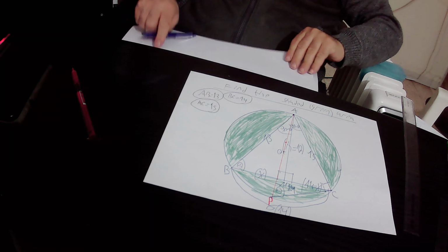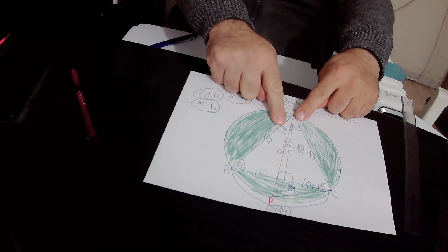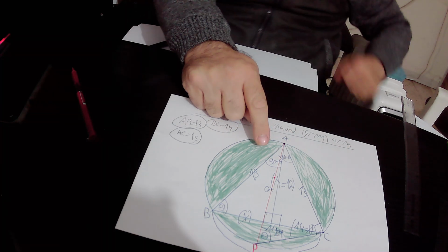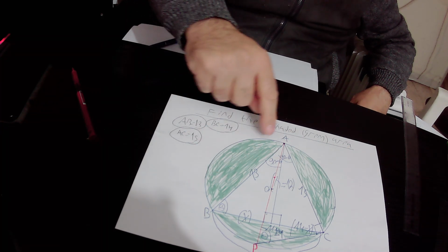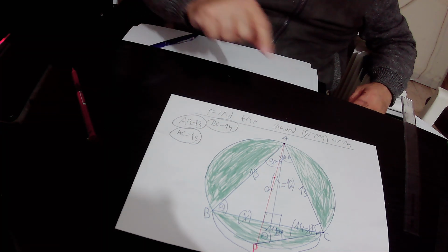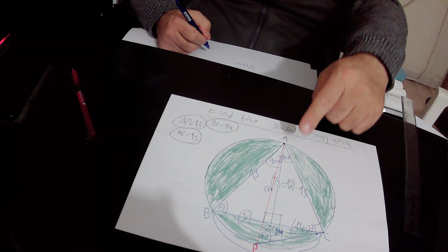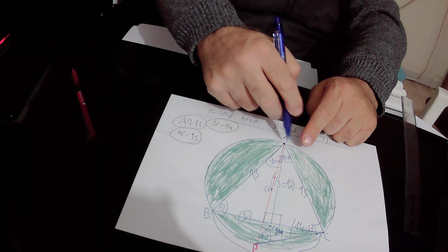And finally, those two angles are both equal to 90 degrees minus theta, therefore they are equal to each other. So we can write down that angle BAM is equal to this angle, angle PAC.